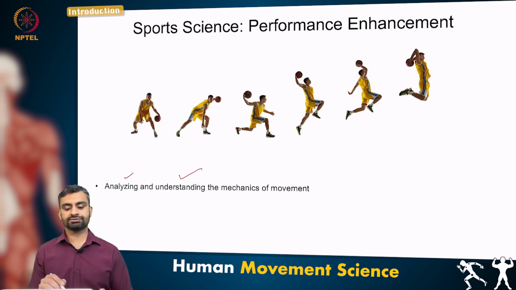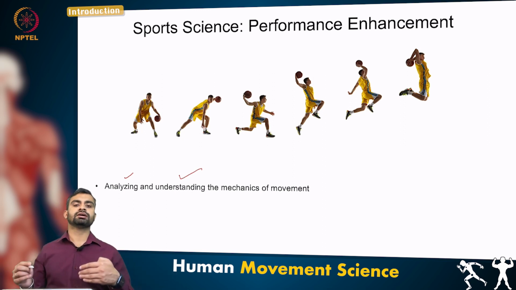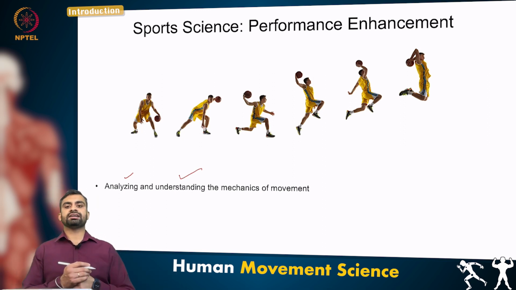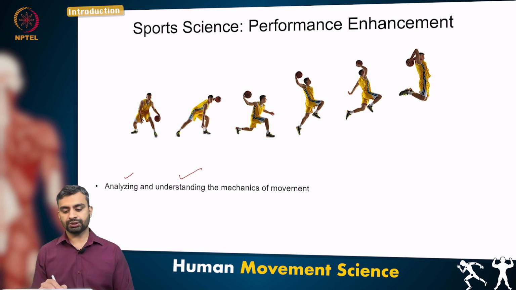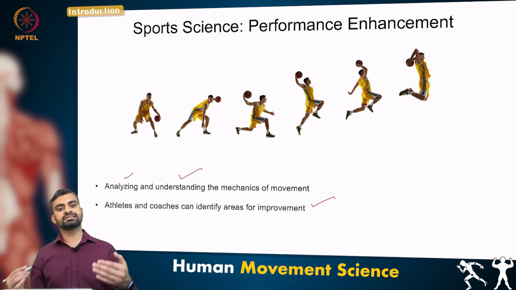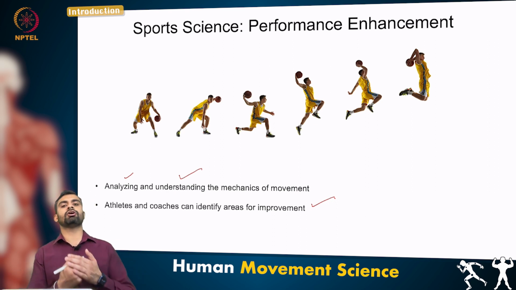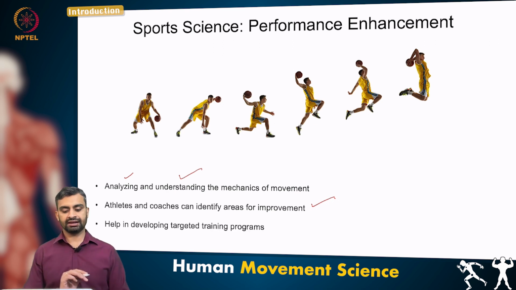We will look at the position as well as the effort being utilized by the athlete to perform that activity, which will help us understand the mechanics, and this will help athletes and coaches identify areas for improvement. This improvement will result in optimized movement and performance enhancement of the athlete.